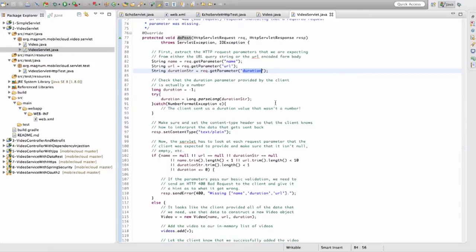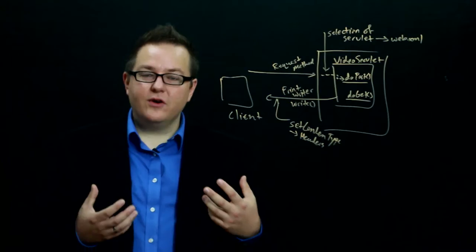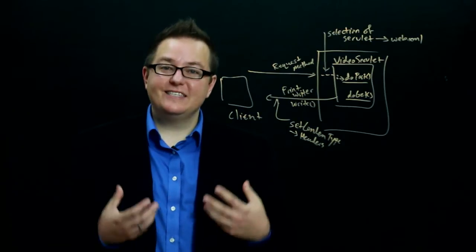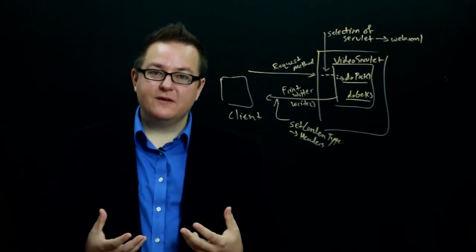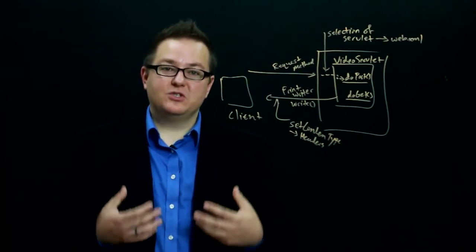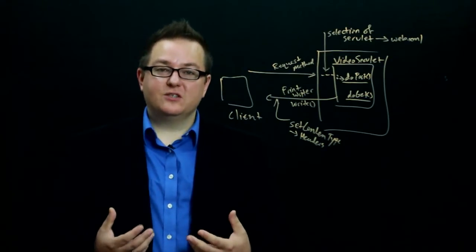So we're extracting the values of the name, the URL, and the duration keys that the client is sending to us. The next thing that we have to do is something that's making things a little more interesting, and that's we're going to have to actually validate that one of the parameters that we're getting is the expected value. In the prior example with the simple servlet, we expected that all of the data that the client was sending to us was just a string. And we didn't really care about what the content of it was because we weren't doing anything with it.